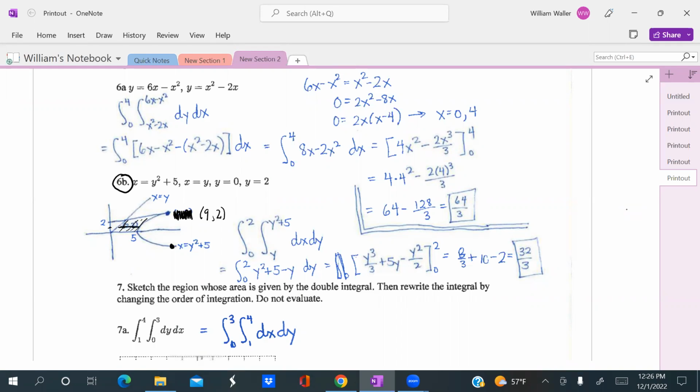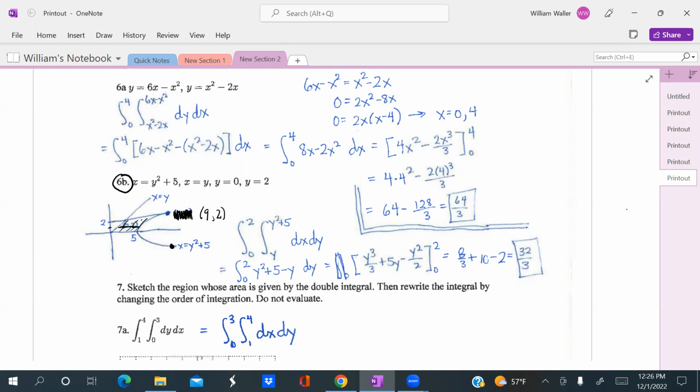Because this is a horizontally simple region, when you fix the y value, you just have this curve on the left and this curve on the right as the limits for x. And then you integrate with respect to y, and then consider the boundary for the y values.